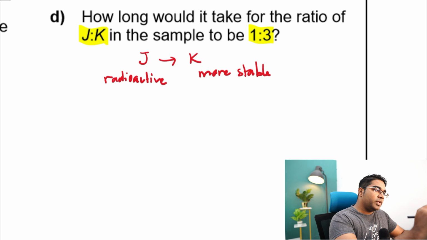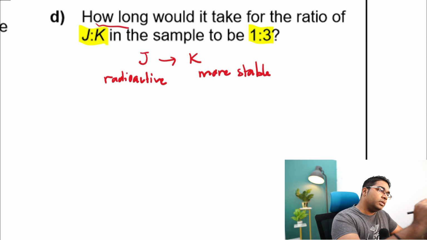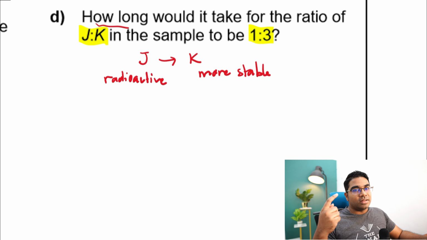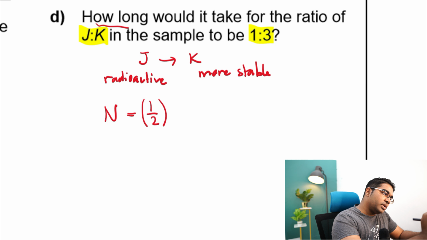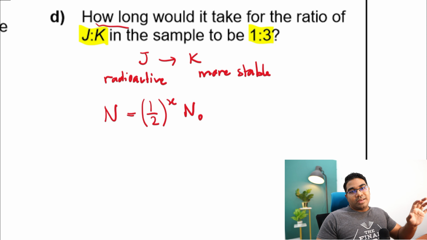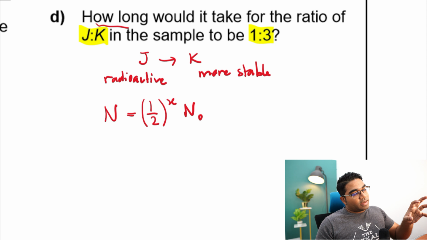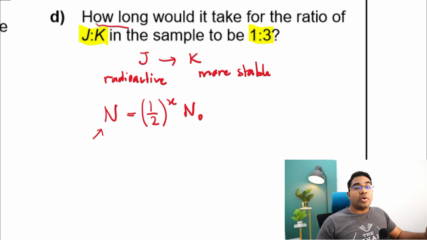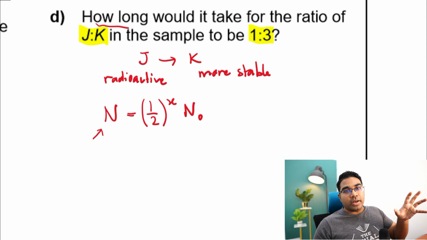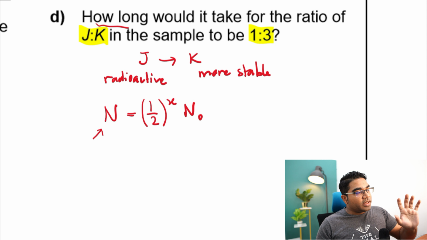According to our formula, whenever we are looking for how long, the goal is to find the number of half-lives that have occurred. So we just use our formula. N is equal to 1 over 2 to the power of x multiplied by N naught. Here we can only substitute the proportion of remaining nuclei of the original value. And that's exactly what's been given to us.